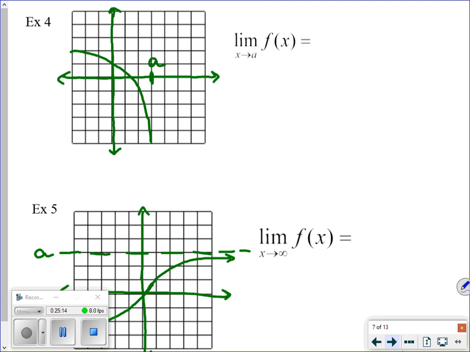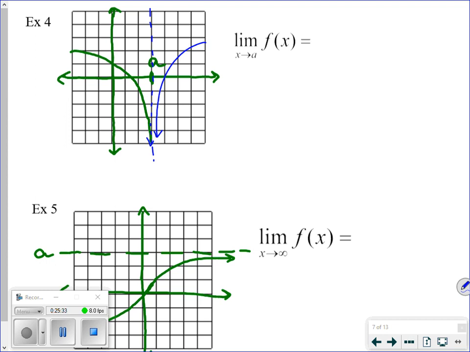Just to give you some quick examples. Let's say that A is actually a vertical asymptote, and let's just say that that's the end of a function here. Let's just assume that the right side is also converging. If you want to draw this to make this problem a little bit more applicable, you can.